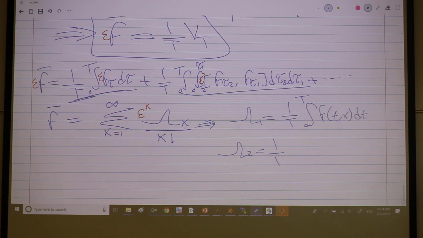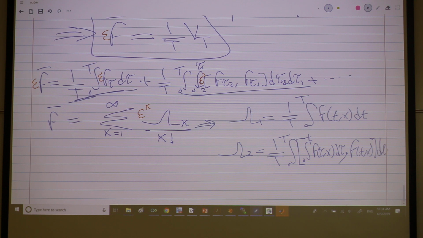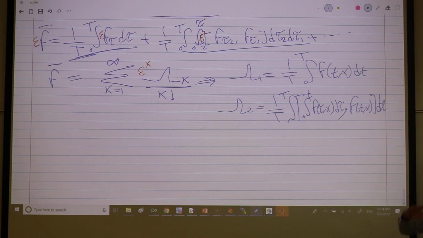It's just the average of the Lie bracket of the integral of f, say f of tau, x, d tau, and f of t, x, dt. And lambda 3, they are all defined by f's and the Lie brackets between f and its integrals. You can compute it analytically.